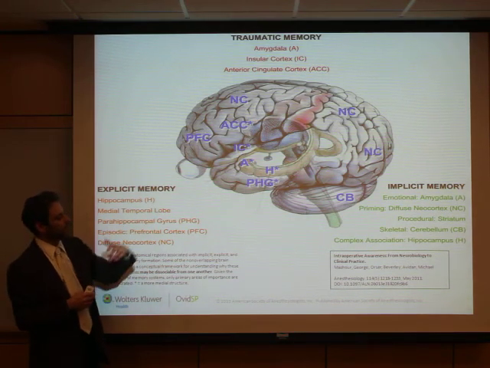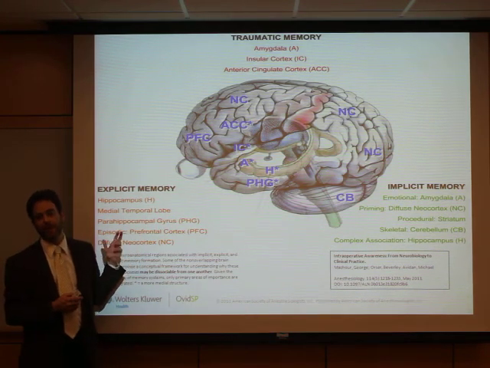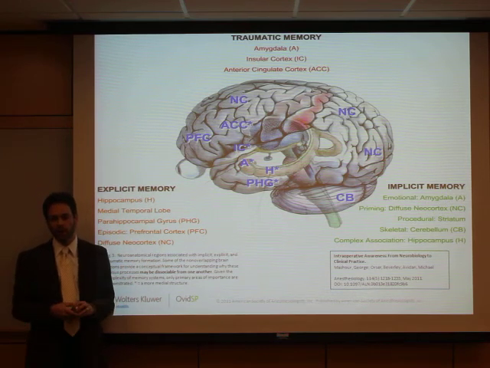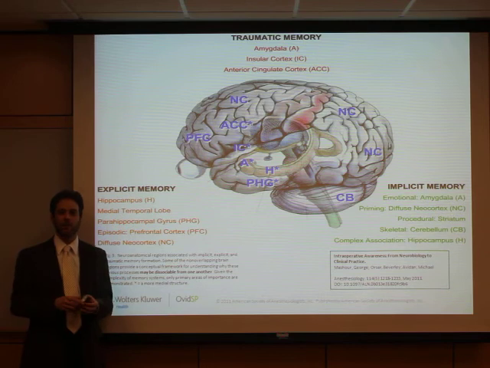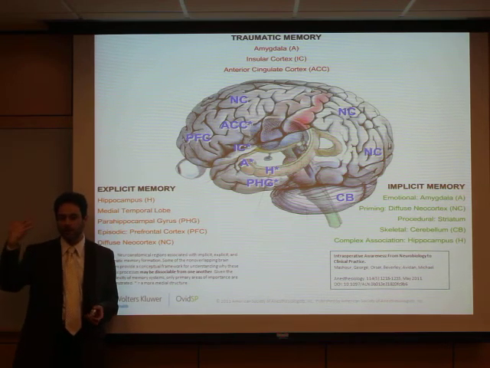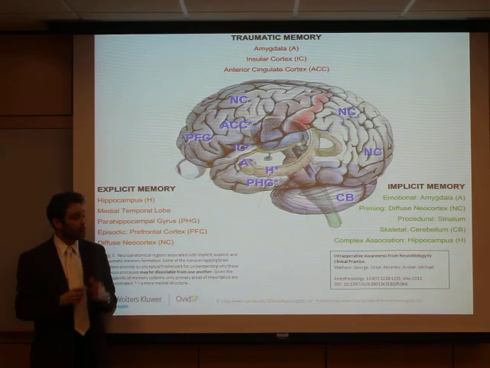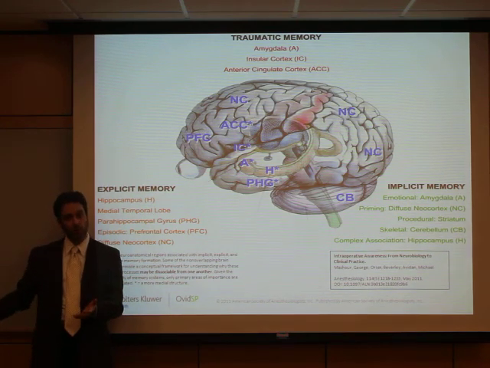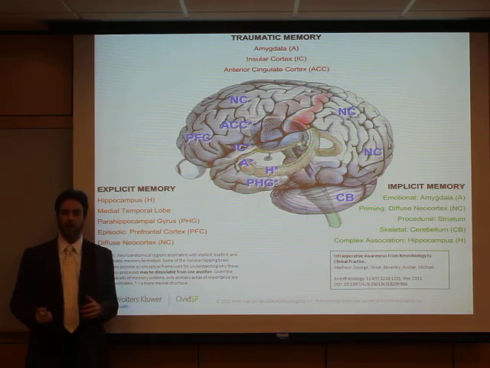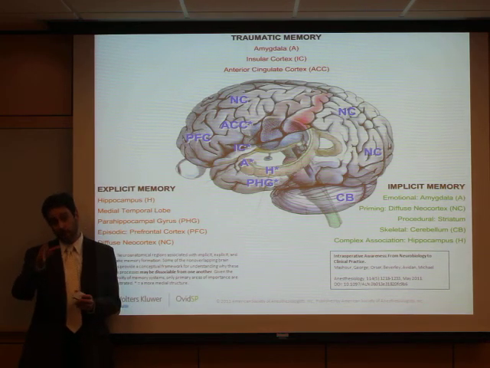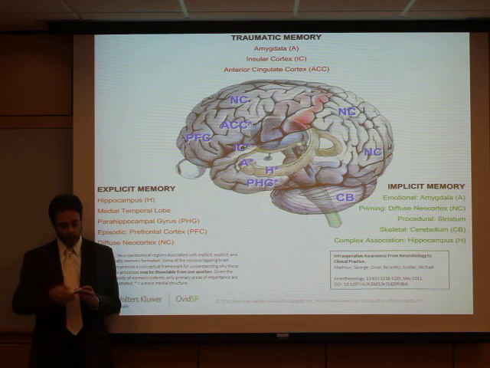So you could have implicit memory without forming explicit memory, which is not entirely surprising to us. We know that we implicitly learn things without always having to think about them explicitly. So intuitively, you know that. But it is probably true that the same could occur during surgery if you had intraoperative awareness. You could have implicit memories which could have impact, although we don't know that for sure.